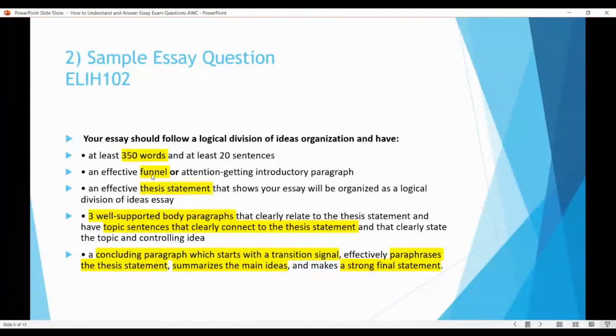And this is called a funnel. If you look at the shape of a funnel, at the top it's quite open, quite wide, and then it narrows down, which helps liquid get into bottles or something else. That's why it's called a funnel introduction. So the question is asking to start with something general about the topic, and then make it quite specific.